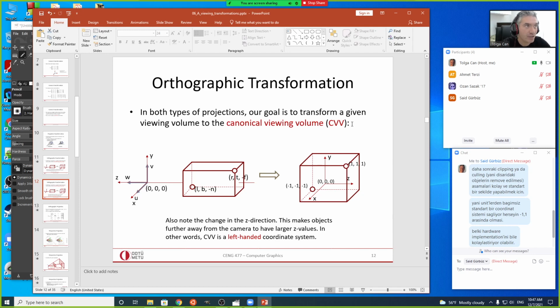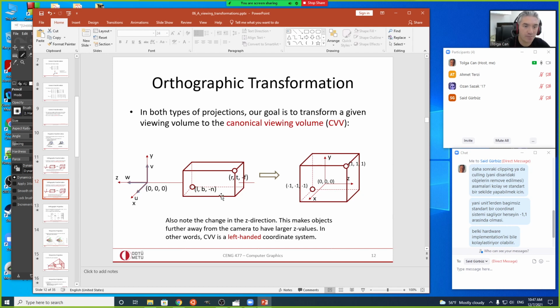And imagine you have some hardware implementation that just treats all the units between -1 and 1. The hardware may not be configurable so that you have these l, r, b, t, n, f arbitrary boundaries.